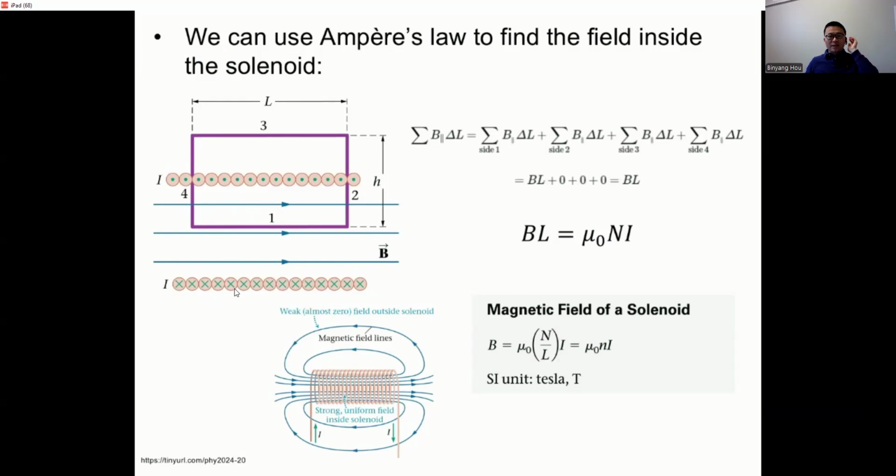Okay, so in that case, if we draw a closed loop like this, rectangular shape, inside the solenoid and then perpendicular to the solenoid, and then outside the solenoid and then perpendicular to the solenoid.